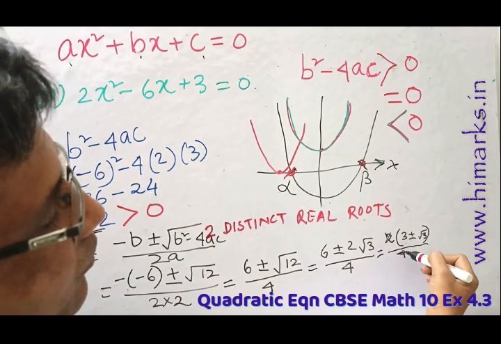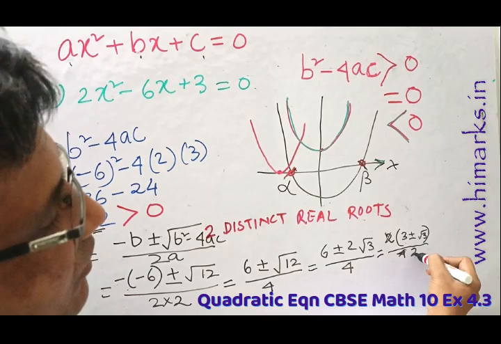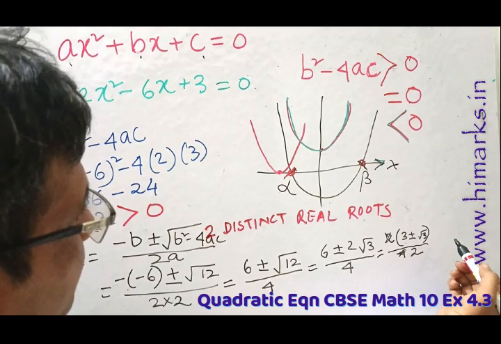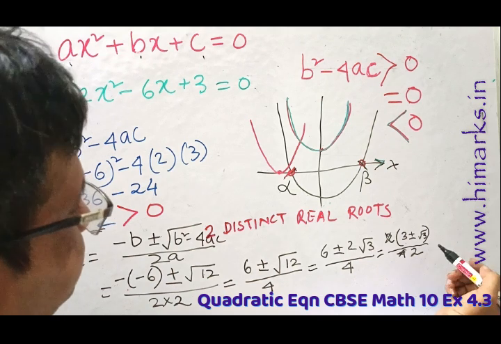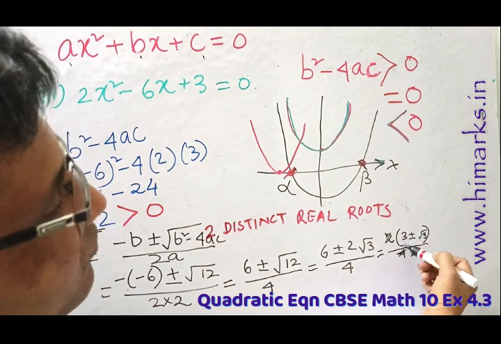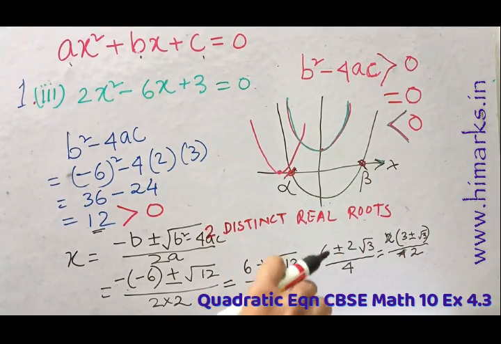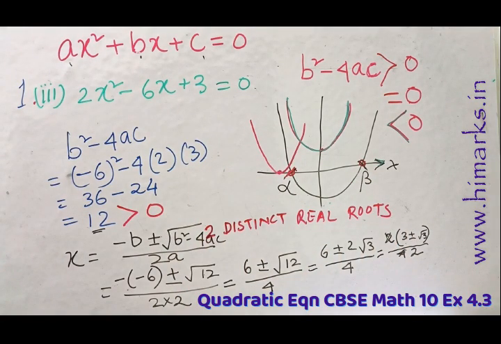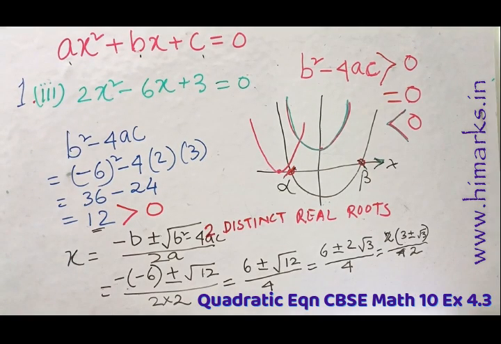Okay, so this 2 and 4 will get cancelled, so you get this. So that means now you see this plus and minus in the numerator.